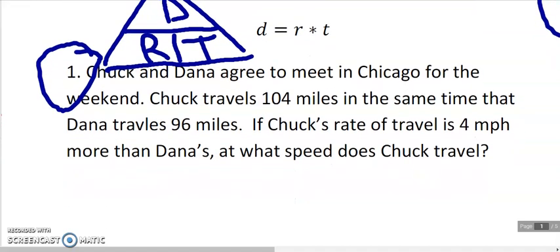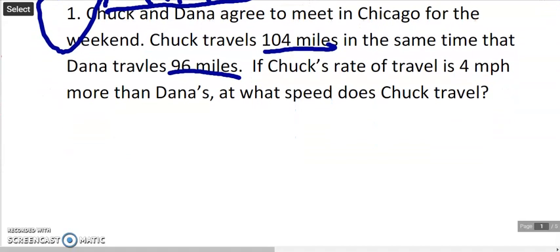So in this first example, Chuck and Dana have agreed to meet in Chicago for the weekend. Chuck travels 104 miles in the same time that Dana travels 96. So what we have been given are both distances. I'm going to write one equation for Chuck and one equation for Dana.